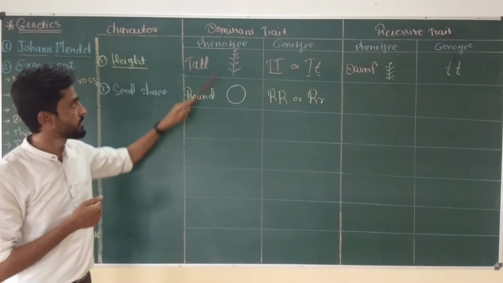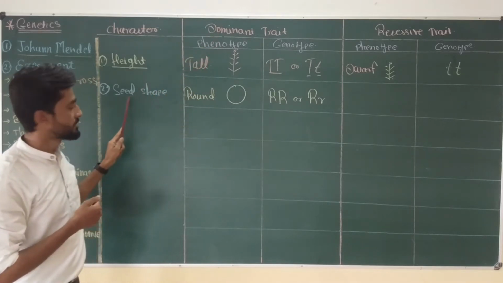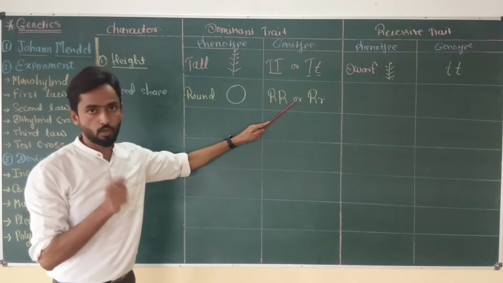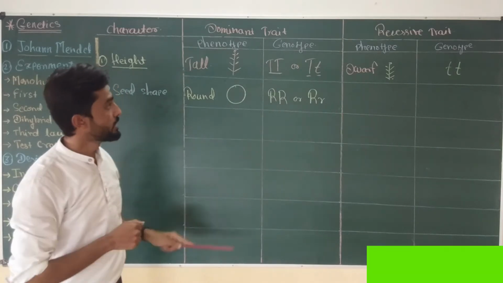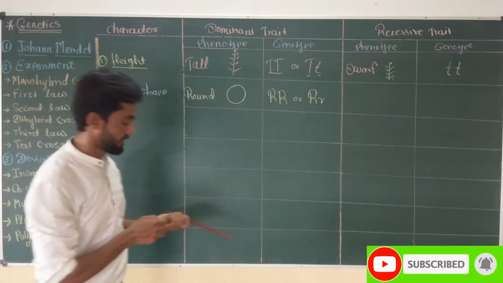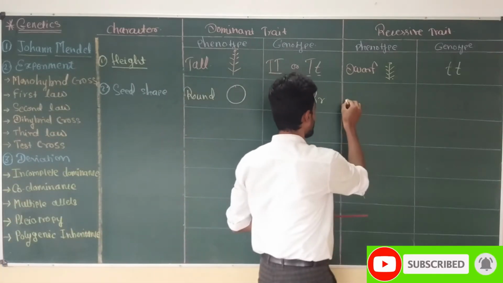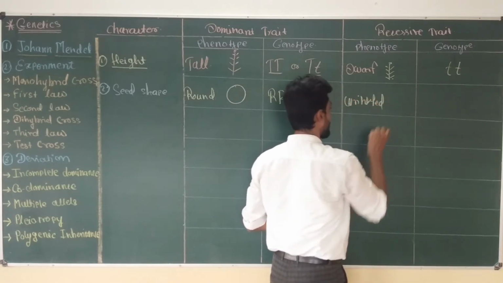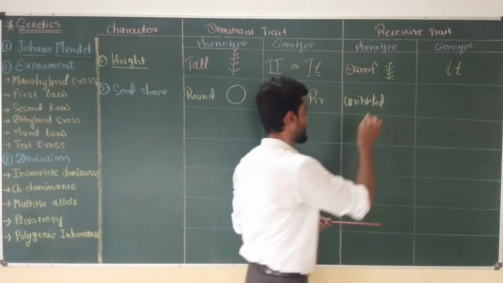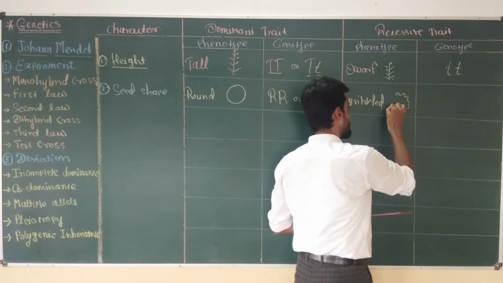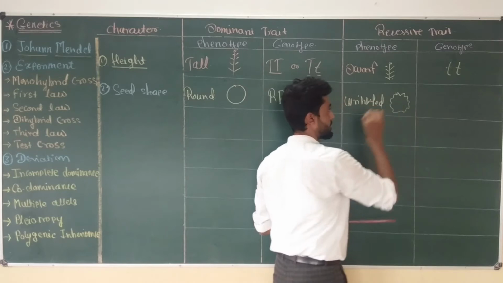So round is the dominant phenotype of the seed shape character, while its genotype is capital R capital R or capital R small r. Now the recessive trait for this character is wrinkled. That means in this case, if you observe the seed, the surface of the seed shows wrinkles.